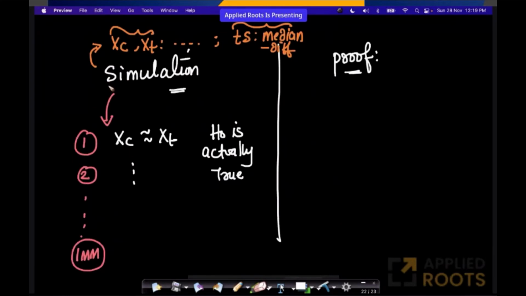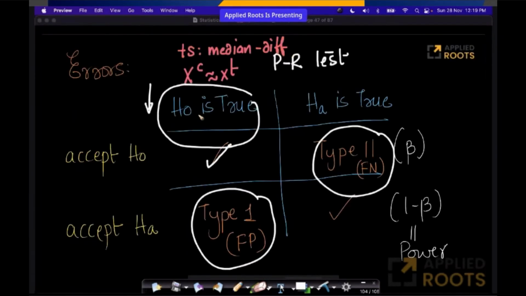Again, we are only doing this simulation given that XC and XT come from a specific distribution, for this test statistic only. Otherwise, this problem will simply explode. So we take two worldviews. One world where H0 is actually true: we generate some 1 million samples, and we see, okay, 98% of the times the null hypothesis is accepted, and 2% of the times the null hypothesis is rejected, or the alternative hypothesis is accepted.